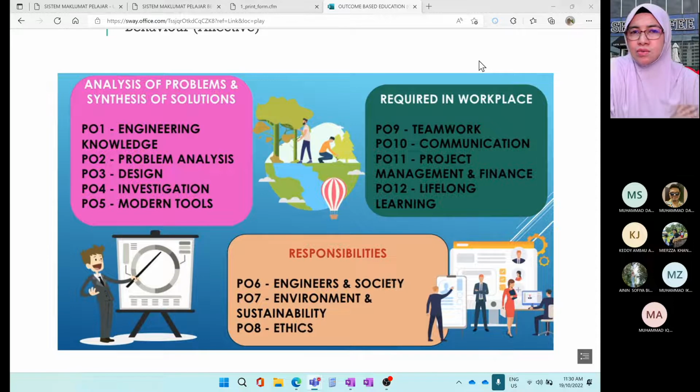Every student must reach a minimum score of 50. Wherever a student does not reach 50 for a PO, it means our program has a problem. That's why the faculty has to do many activities to make sure all students can get a minimum of 50 marks, and whoever cannot reach 50 marks for a PO must take an intervention program.